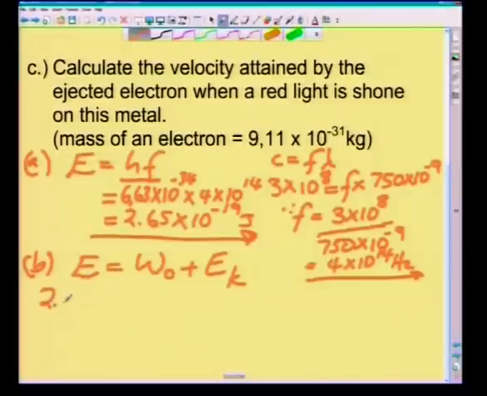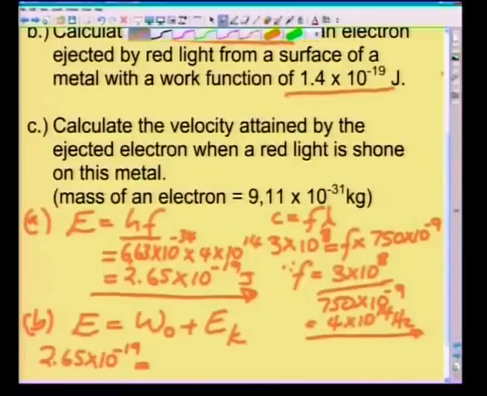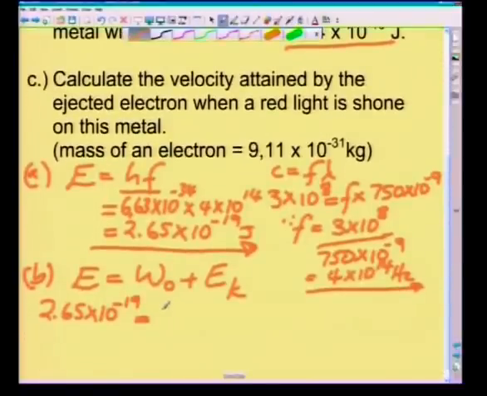It's 2.65 by 10 to the power minus 19 equals work function. The work function is given to us here as 1.4 by 10 to the power minus 19. So this will be equal to 1.4 by 10 to the power minus 19 plus EK.